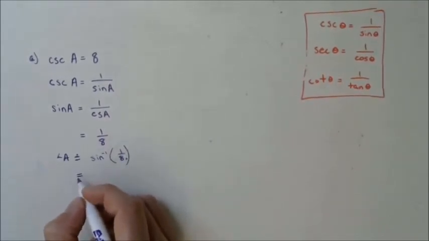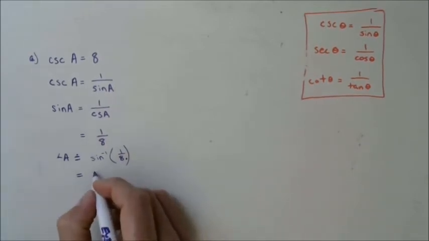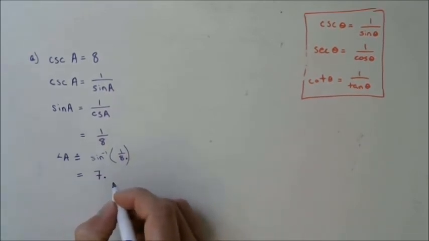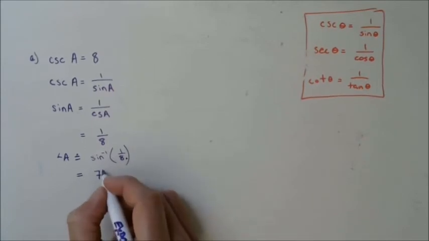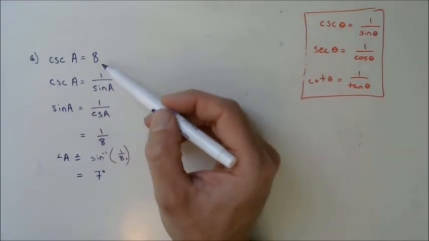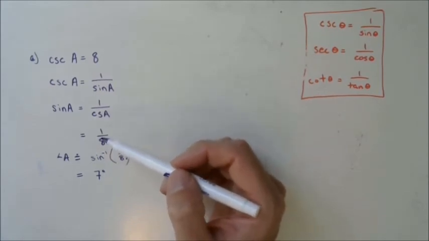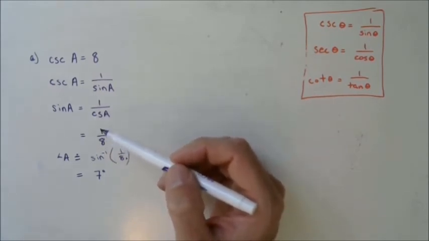Put that in my calculator. And I know that's now going to be approximately 7 degrees. Okay, so the angle A is 7 degrees. What did I have to do? I had to take my reciprocal trigonometric ratio, flip it into a primary trigonometric ratio, and go from there.